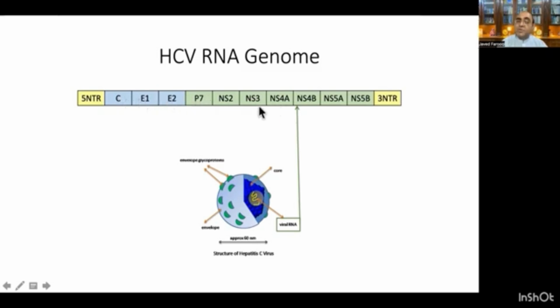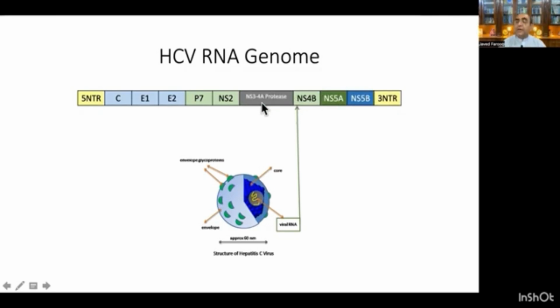The non-structural proteins are P7, non-structural protein 2, non-structural protein 3, non-structural protein 4A and 4B, and non-structural protein 5A and non-structural protein 5B. So this is the genome, the yellow thread, with the 5 non-translated region, the 3 non-translated region, and in between the translated region, which translates for the structural and the non-structural proteins.